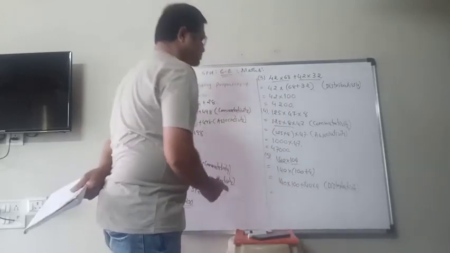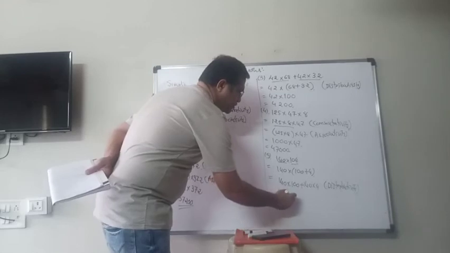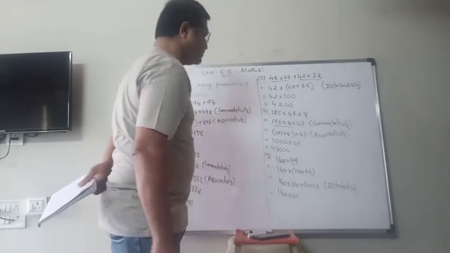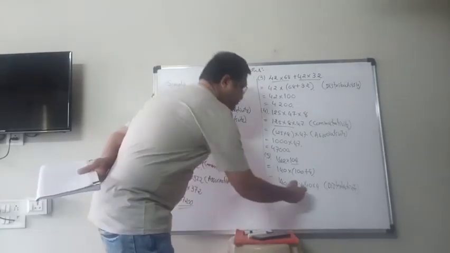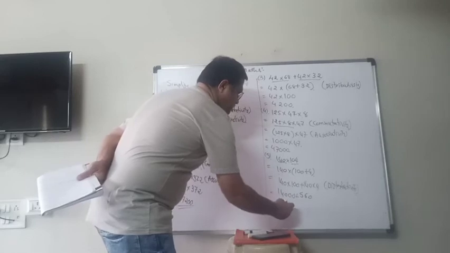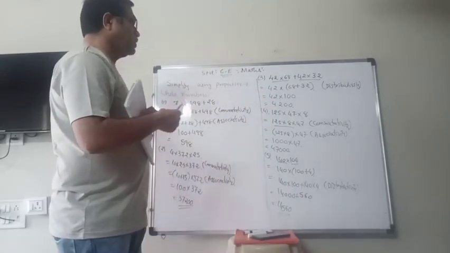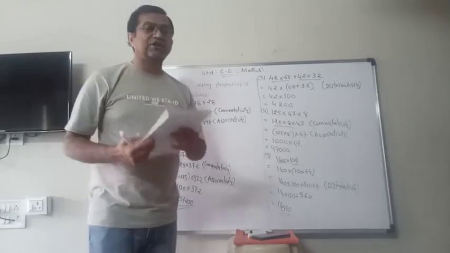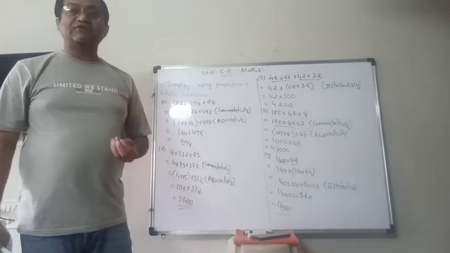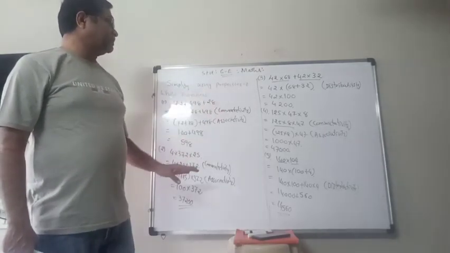So now 140 multiplied by 100 is 14,000. 14 fours are 56, so 560. So 14,560. So if all the properties are in your mind, then it will be very, very easy for us to do the sums like that.